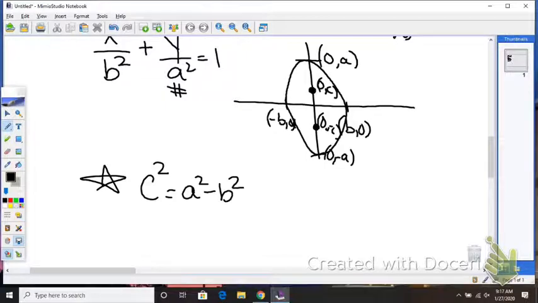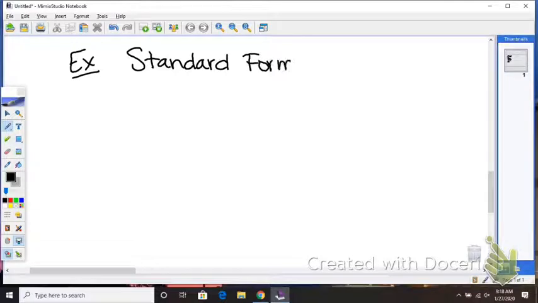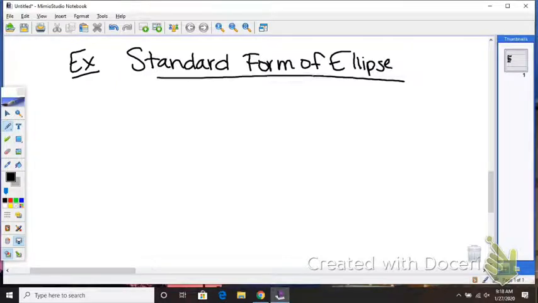So, first example of the day. Have your notes in front of you, it'll help you. You are going to write an equation in the standard form of an ellipse. Here's the information I'm going to give you.